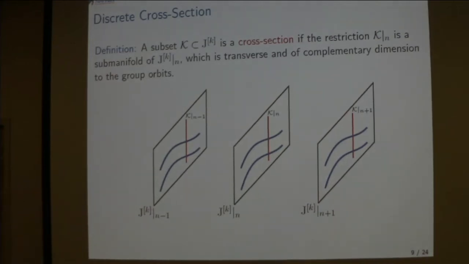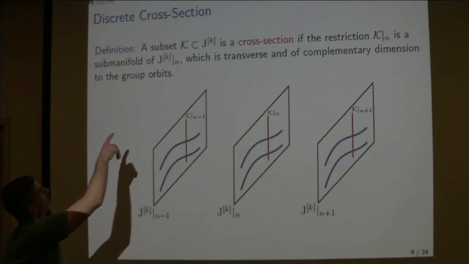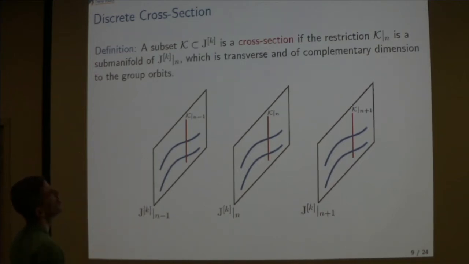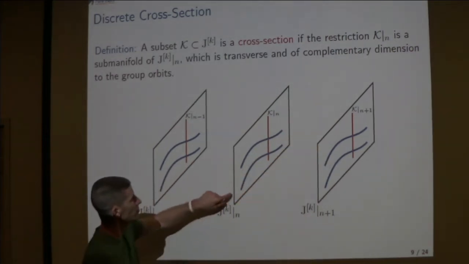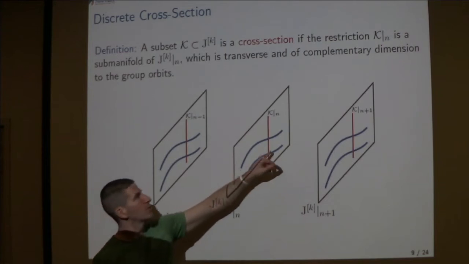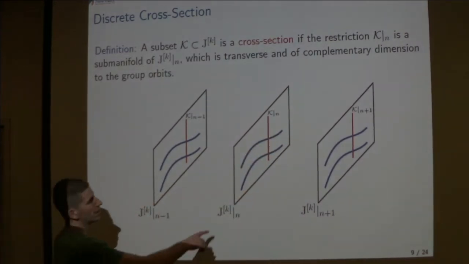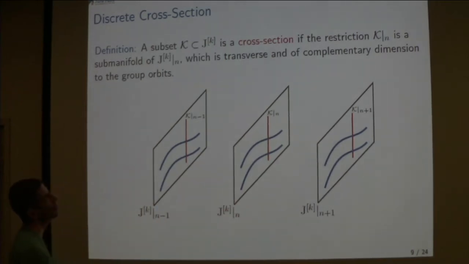K will be called a cross section of the discrete jet space if the restriction to a fixed index n, in this picture here, forms a submanifold of the fiber over n, which is transverse and of complementary dimension to the group orbits.